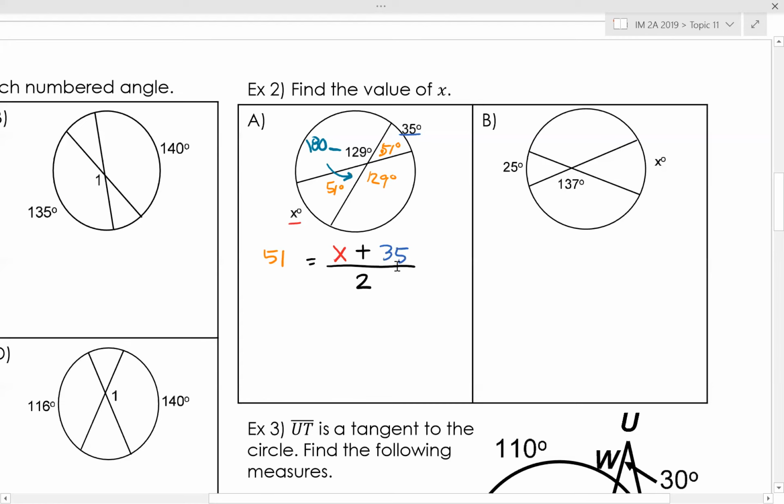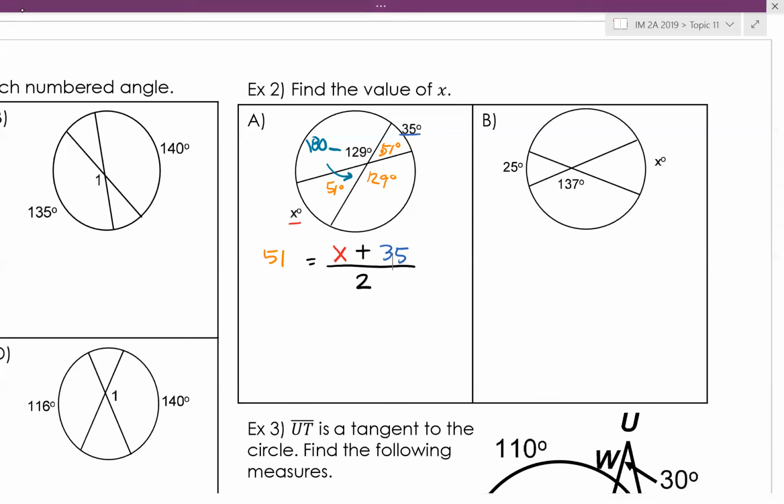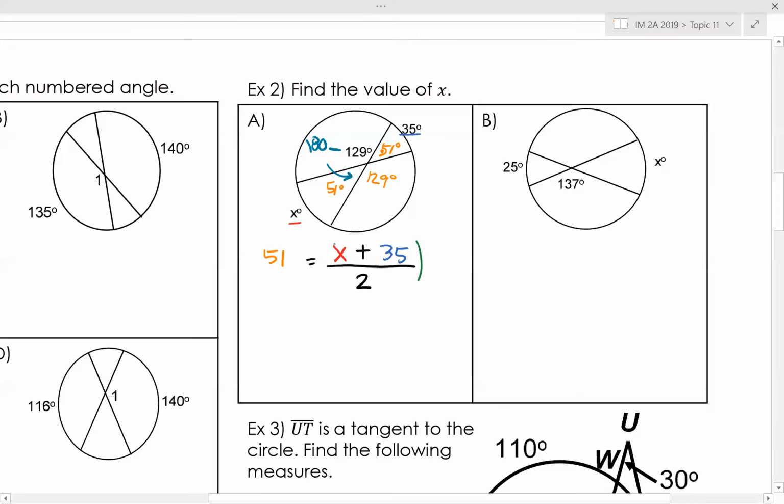solve for X. Okay, so each time I'm doing this, if my X is inside the fraction, then I'm going to follow the same 2 steps, which are I'm going to have to multiply by 2 because I need to get the X by itself, and it's all currently being divided by 2. So if I take and multiply both sides of the equation by 2, 2 times 51 is going to give us 102.